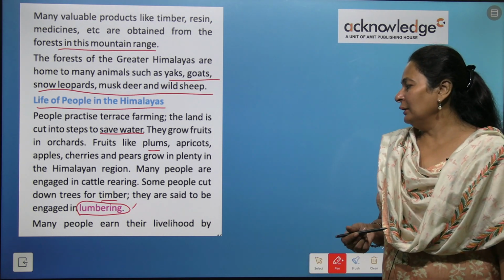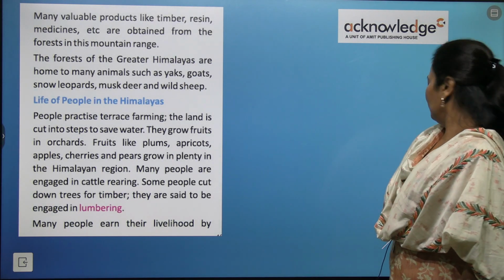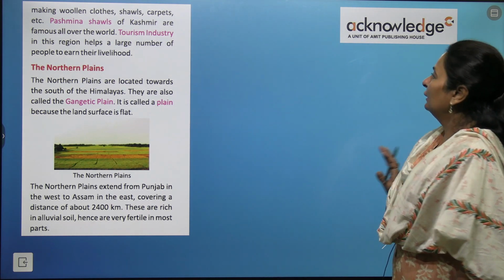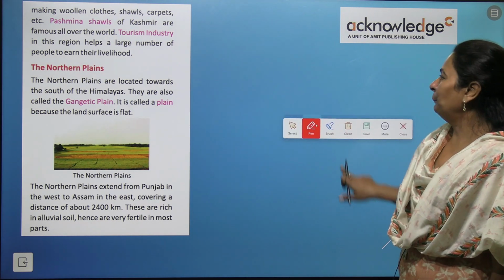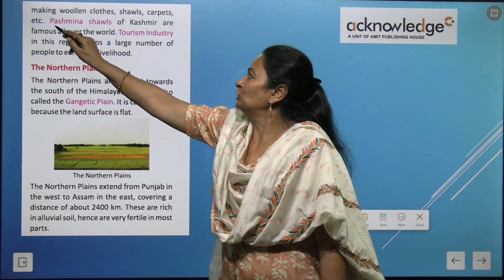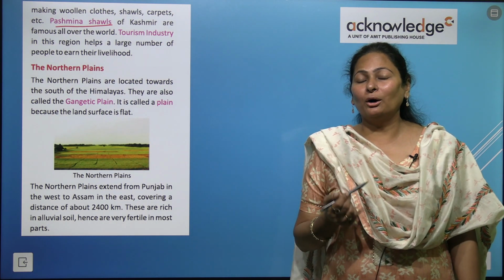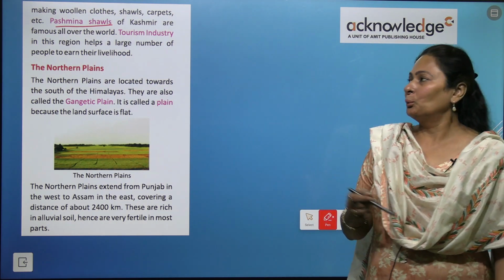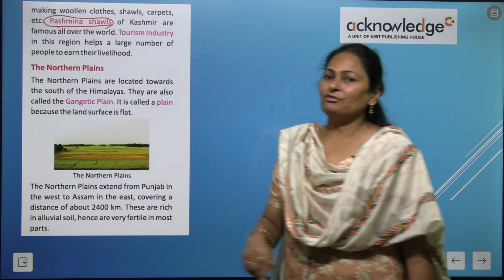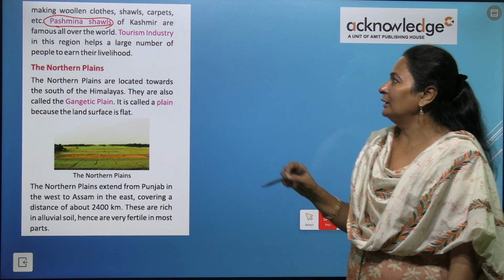So many people earn their livelihood by making woolen clothes, shawls, carpets, etc. Pashmina shawls of Kashmir are famous all over the world. These are very famous shawls in the entire world.